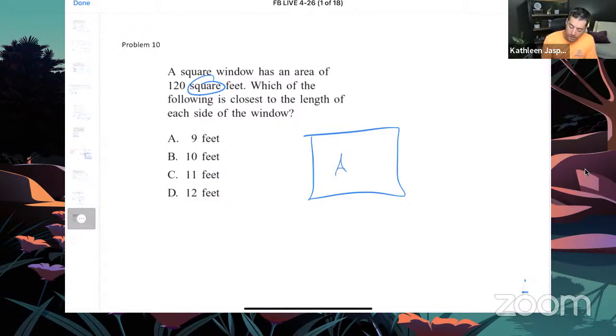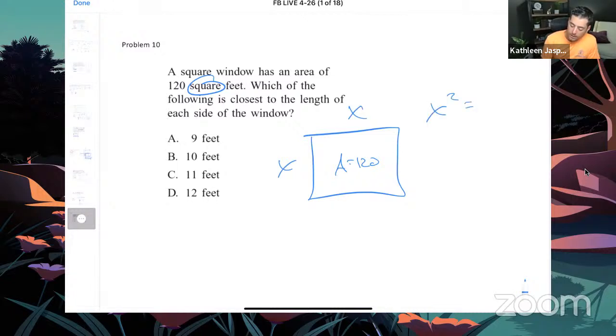So if my area equals 120, how do I figure out what each side is? That means x times x equals 120. So x squared equals 120, and there are a couple of ways to do it.